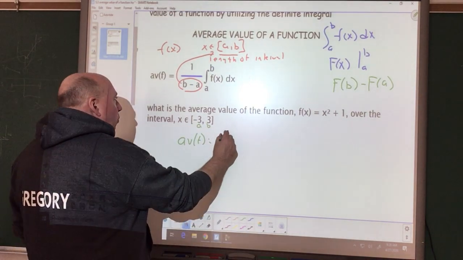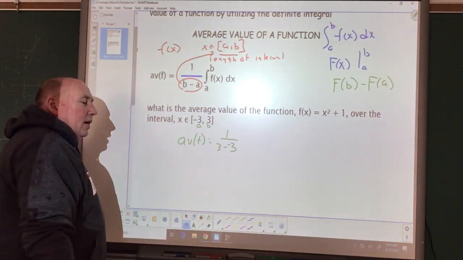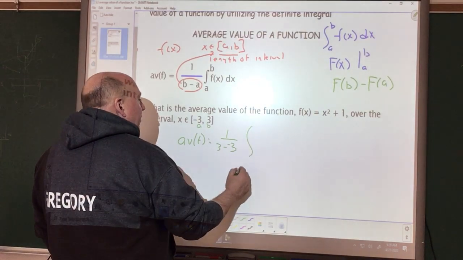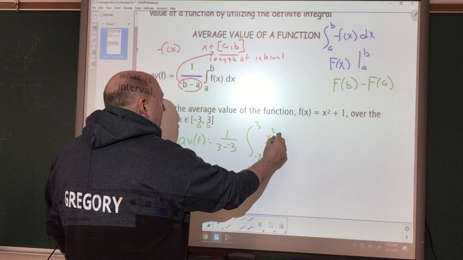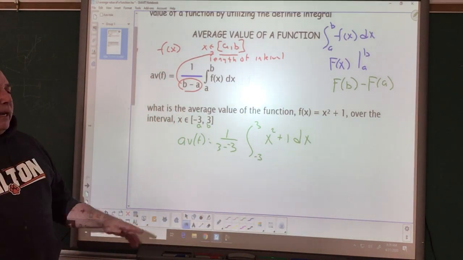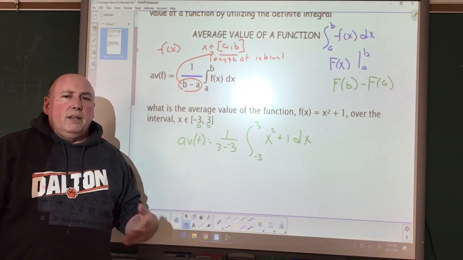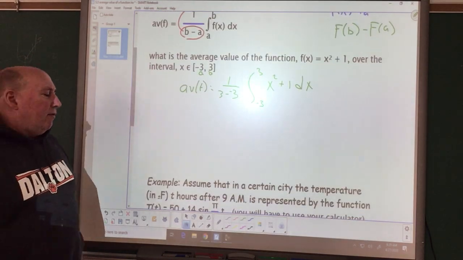So we have 1 over 3 minus -3. Watch your negatives there. The integral from -3 to 3 of our function x squared plus 1 dx. So we can calculate the definite integral of this, and multiply by 1 over the length of the interval.